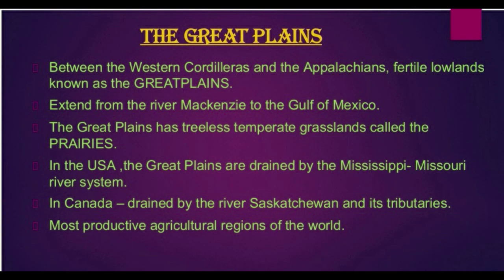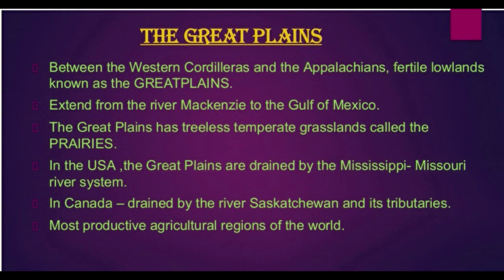And the third point is that the Great Plains has a treeless temperate grassland called prairies. In South America, we have already studied different types of grassland. Do you remember different types of grassland? Campos, pampas, etc. Here also we can see a treeless temperate grassland.